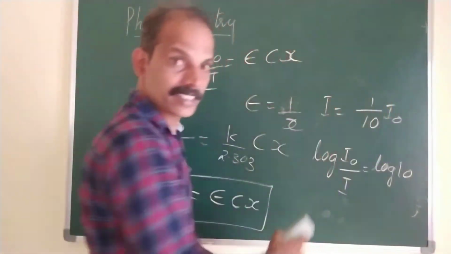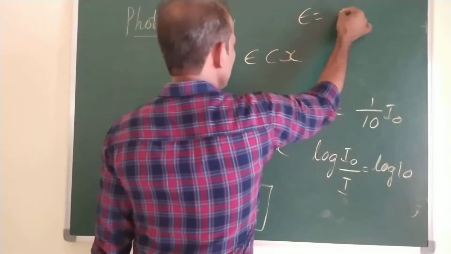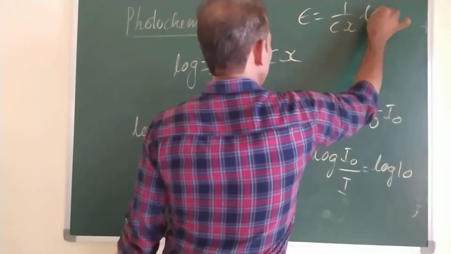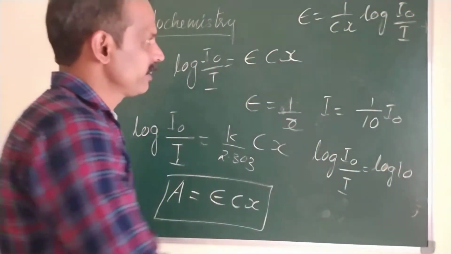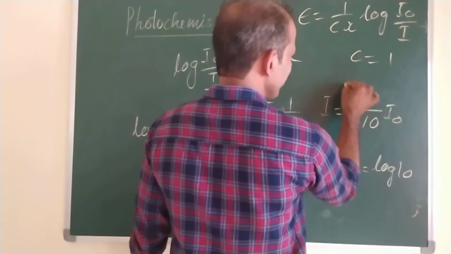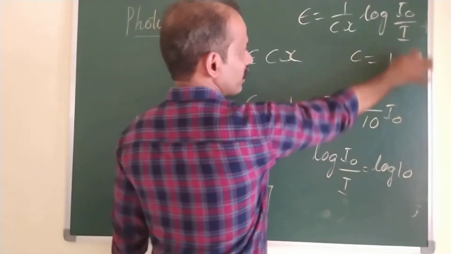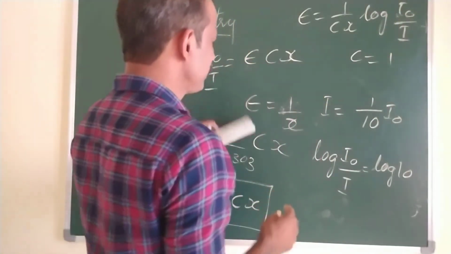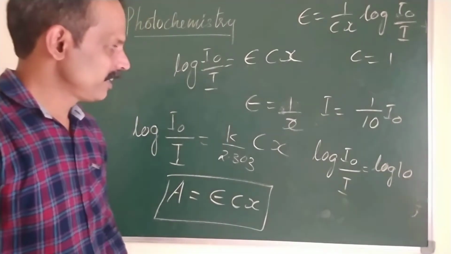So there is a mistake, I think. That is epsilon is equal to 1 by Cx into log I0 by I. Okay. Then when C is equal to 1 and log I0 by I is equal to log 10, then obviously epsilon is equal to 1 by x. I made a mistake.